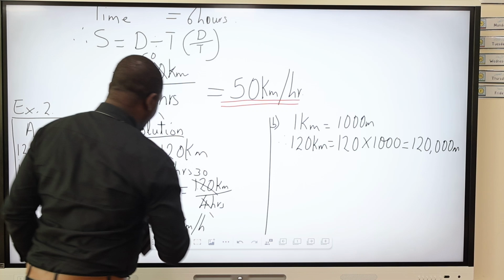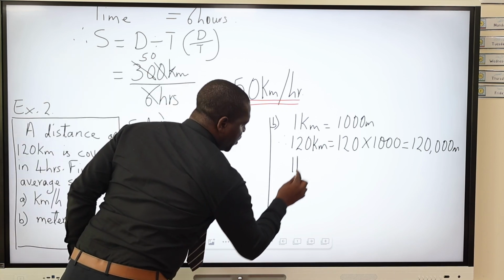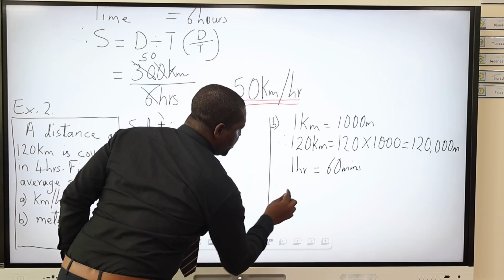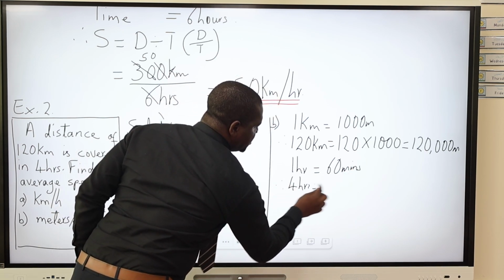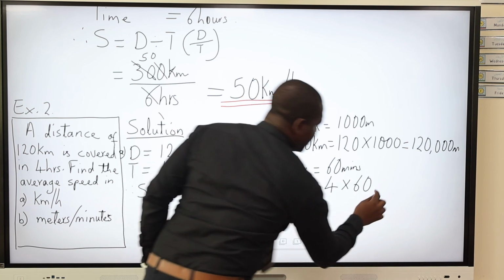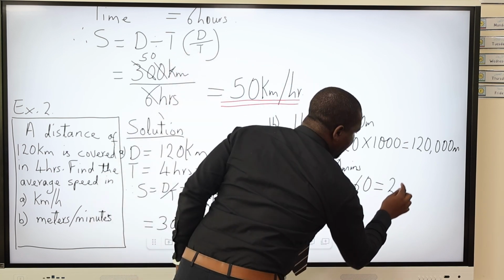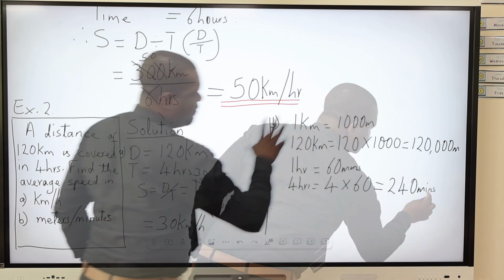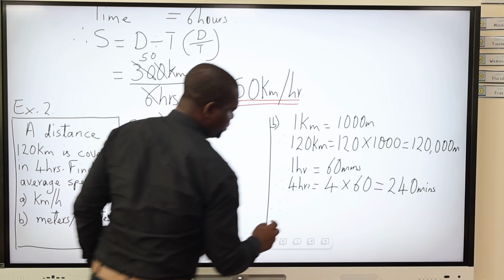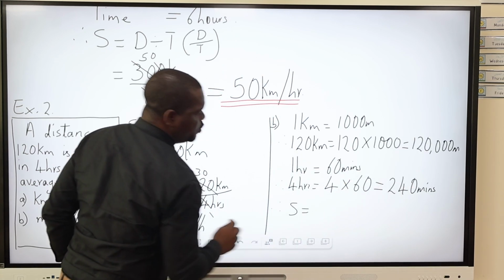Then for the time, we have 4 hours. 1 hour is equal to 60 minutes. Therefore, 4 hours is equal to 4 times 60. And this will give us 240 minutes.